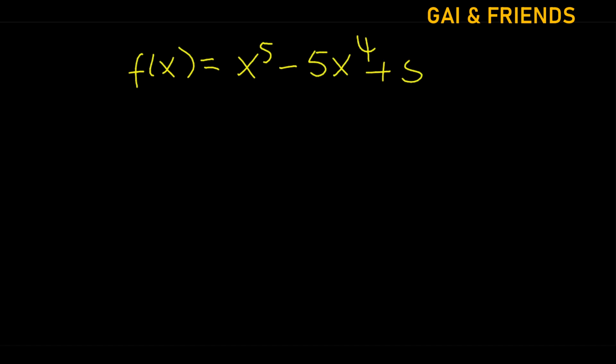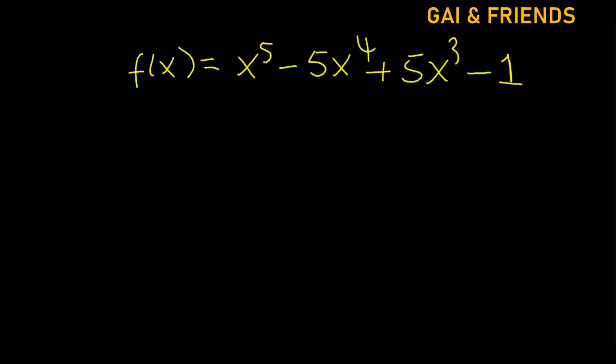Let's take this function: f of x is x to the 5th minus 5x to the 4th plus 5x to the 3rd minus 1. It looks like we need to do a little bit of work in this equation.